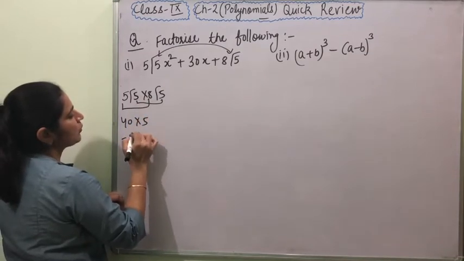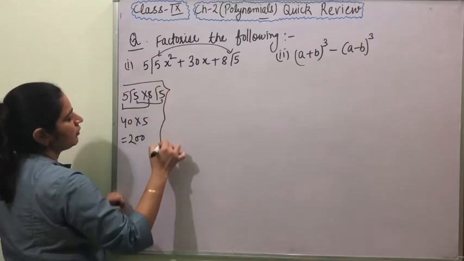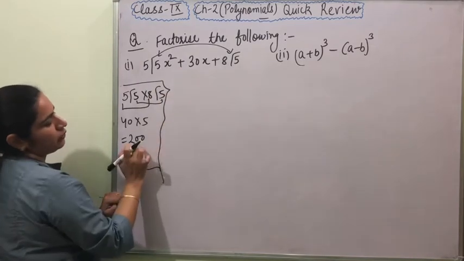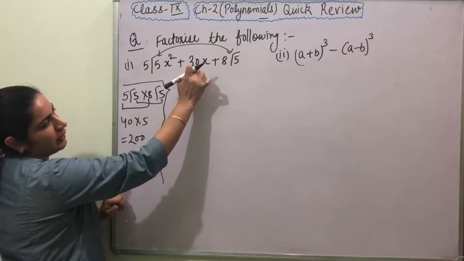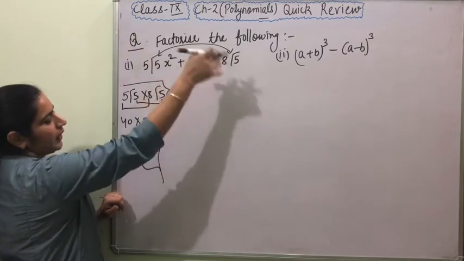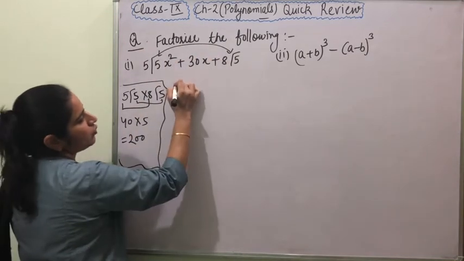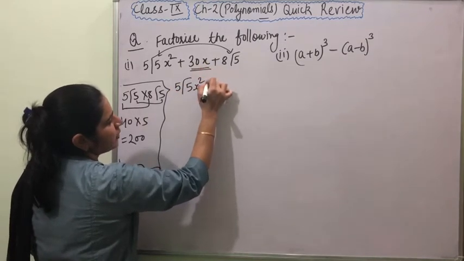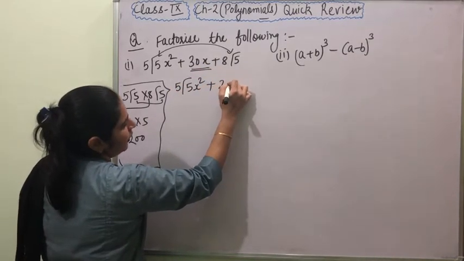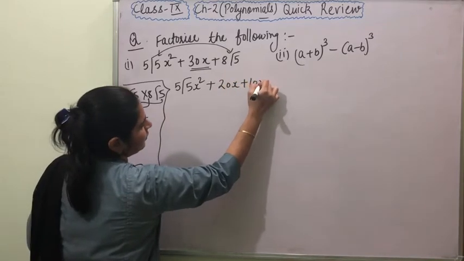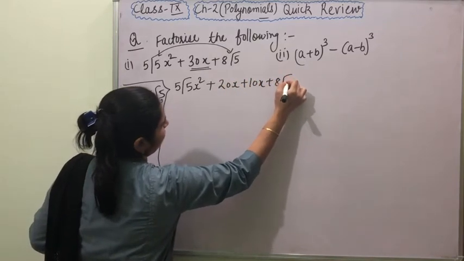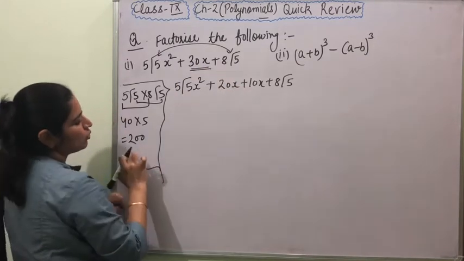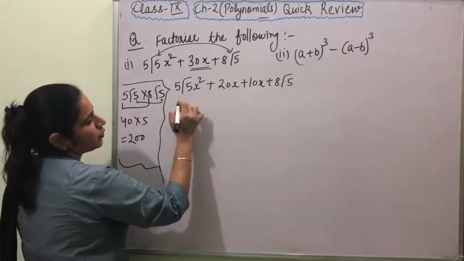We have to split the middle term in such a way that when we add it should be 30x, and when we multiply it should be 200x square. So we are splitting the middle term. This 30x we can split as 20x plus 10x. 20 plus 10 is 30, 20 multiplied by 10 is 200, x into x, x square.